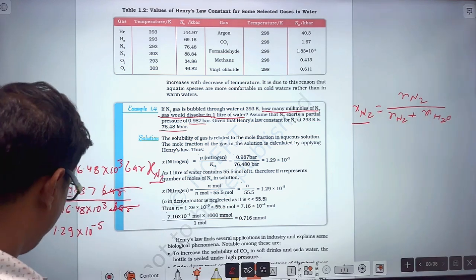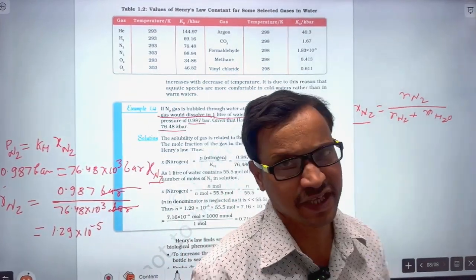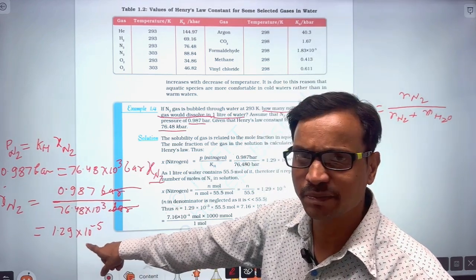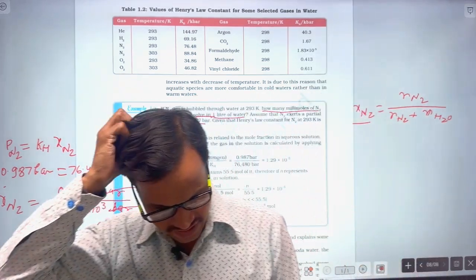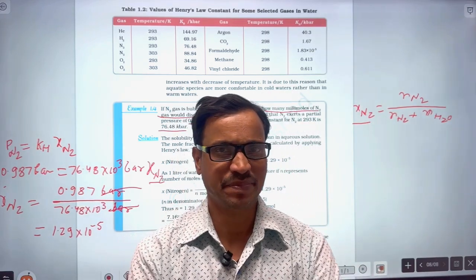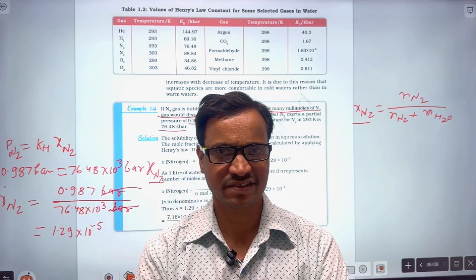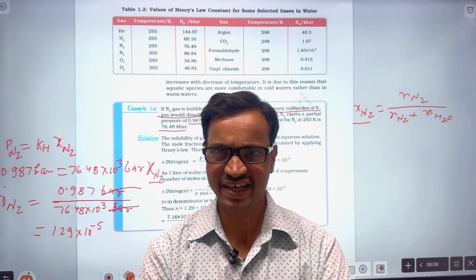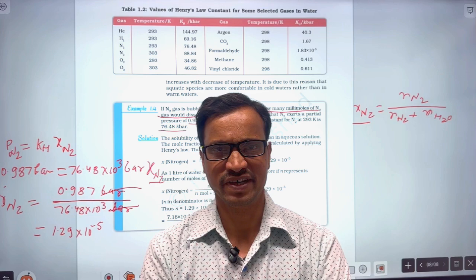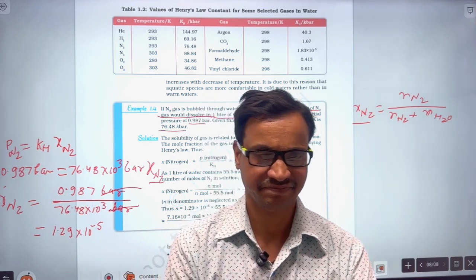So watch out, the mole fraction of nitrogen is very small, of the order of 10 raised to the power minus 5. That means a very small amount of nitrogen is present in water, and very little nitrogen could dissolve in water.